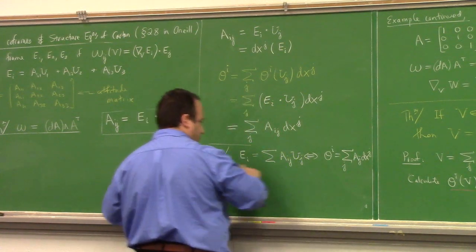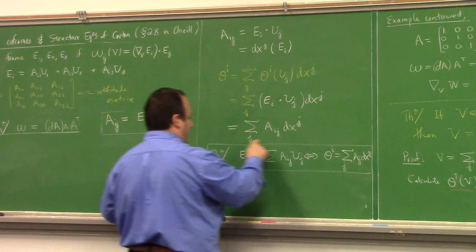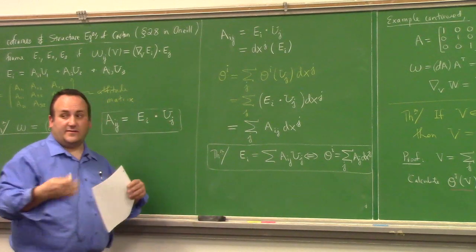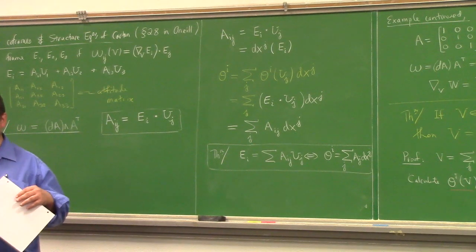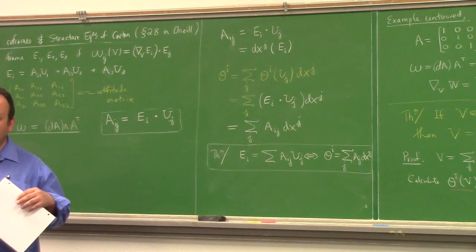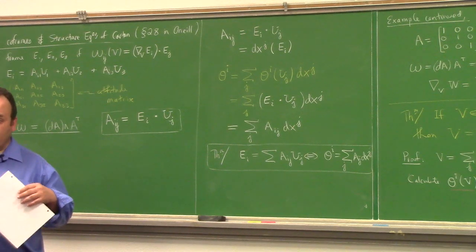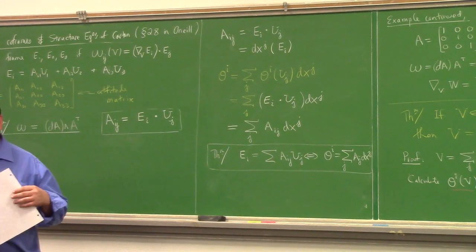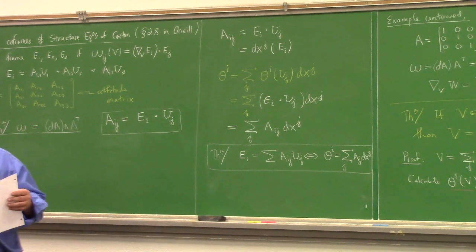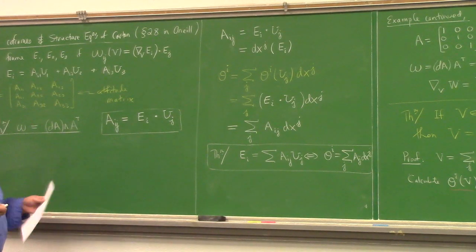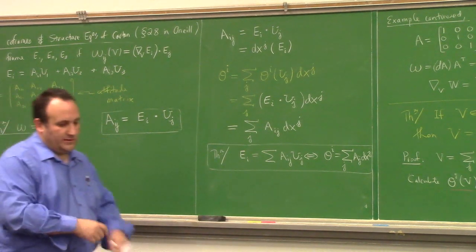The backdrop of the theorem is, suppose you have a frame E1, E2, E3, and you have coframe theta 1, theta 2, theta 3, well then the coframe is related to dx1, dx2, dx3 in the same way that the frame is related to partial x, partial y, partial z, if you want to go back to that notation. Okay. Oy, oy, oy.